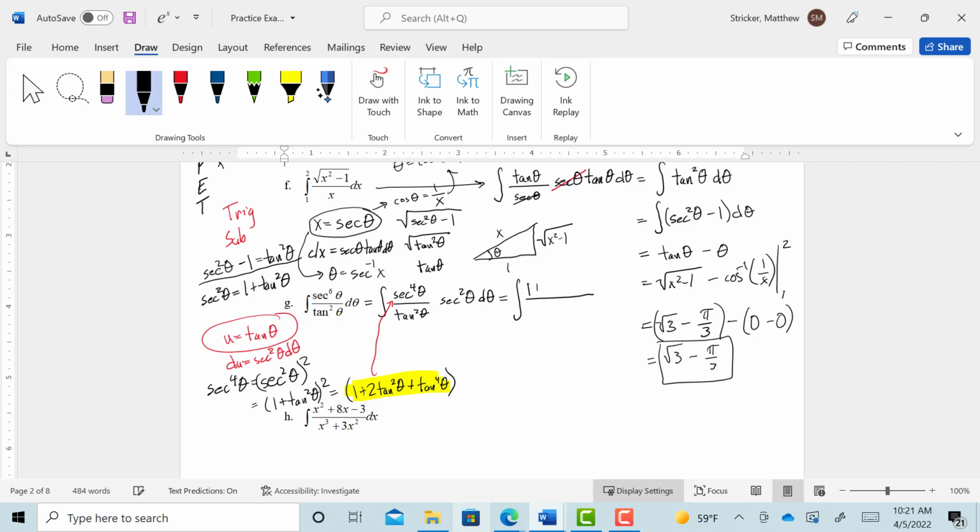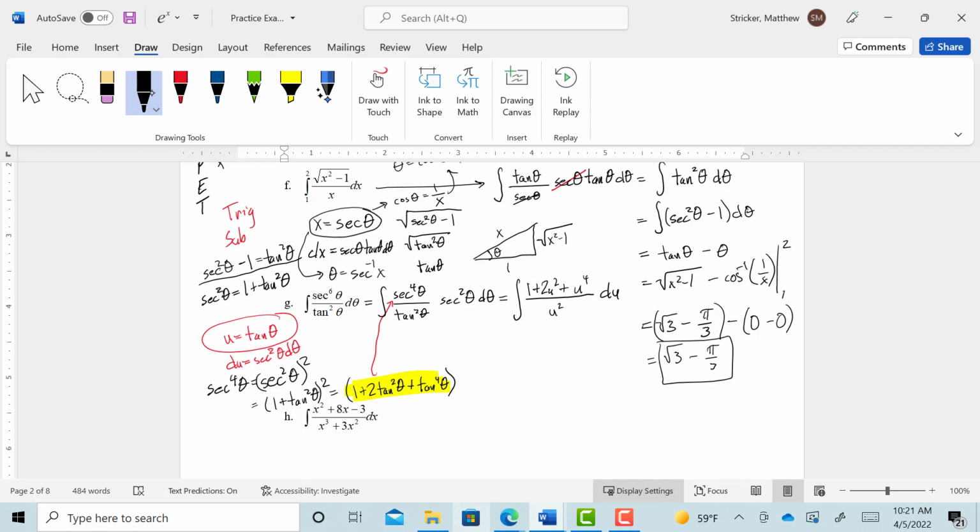That's going to be 1 plus 2u squared plus, what? Plus u to the 4th over u squared, times secant squared theta d theta. Well, that's just du. This is just du.